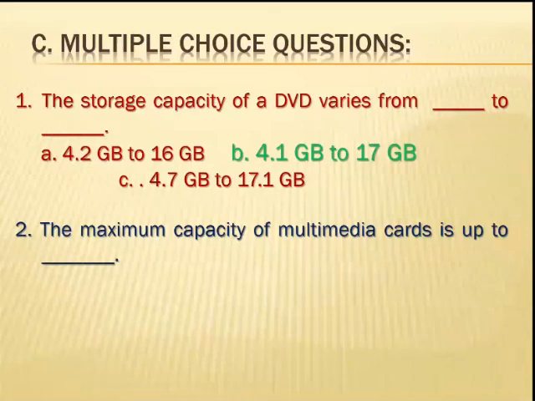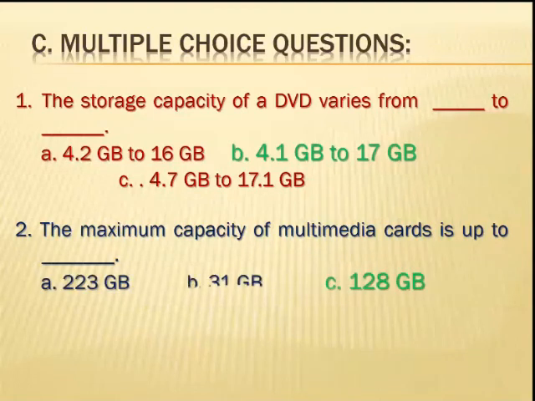Digital cameras also nowadays, and music players use it. So what is the capacity of multimedia cards? The options given are 223 GB, 31 GB and C is 128 GB. The correct answer is 128 GB.